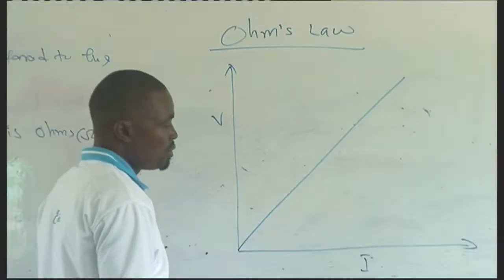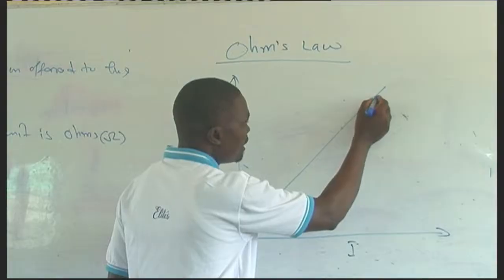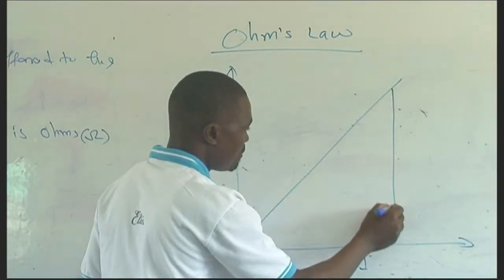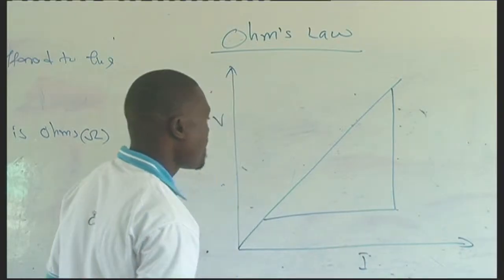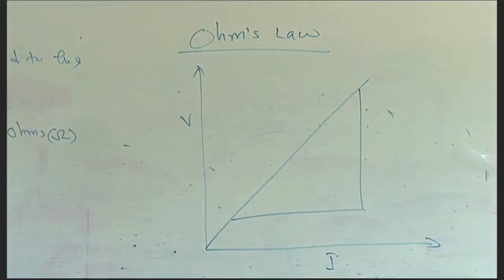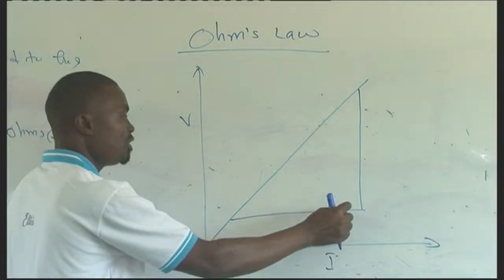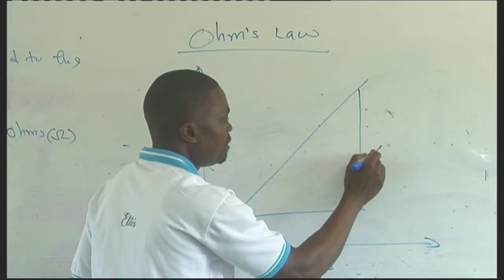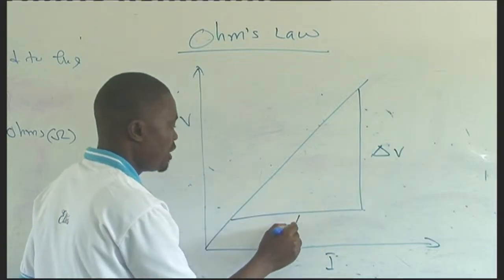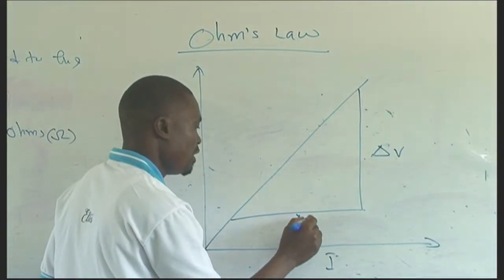Whenever we want to get the resistance in this particular experiment, we simply get the slope of this graph. The slope will be change in V over change in current.